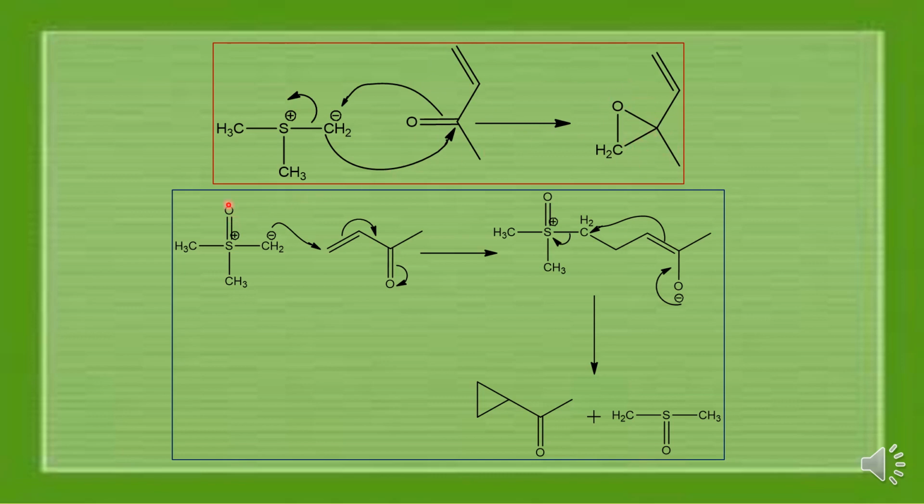Whereas dimethyl sulfoxonium ylide also has a carbanion which is a soft base that reacts with the soft acid of the alpha beta unsaturated carbonyl compound. The soft acid is the beta carbon. So the carbanion reacts with the beta carbon and that leads to the formation of a cyclopropane derivative.